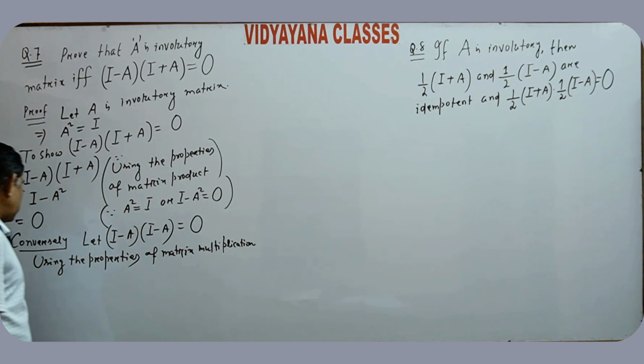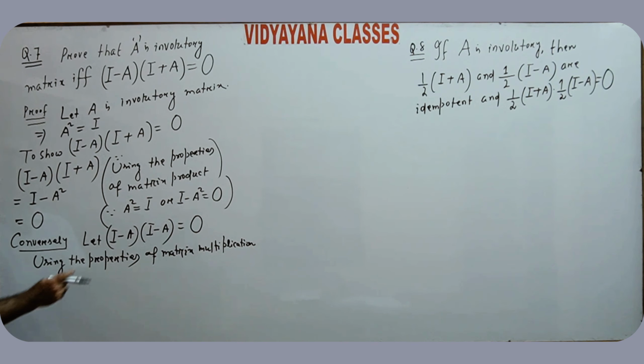Using the properties of matrix multiplication, the left hand side gives I minus A square is equal to 0 matrix, which implies A square is equal to I.